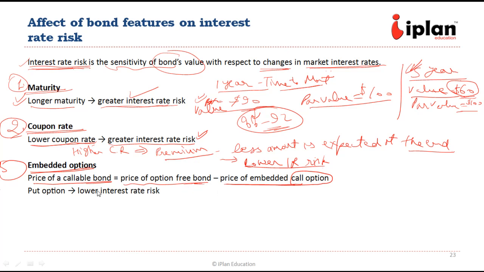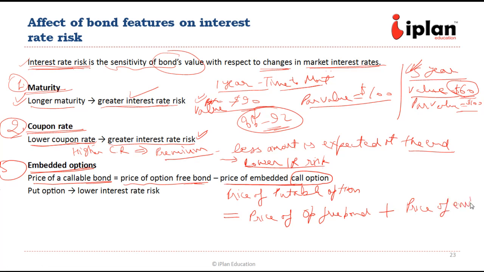And if we talk about the price of a puttable bond, it is going to be the price of option free bond plus the price of the embedded put option.